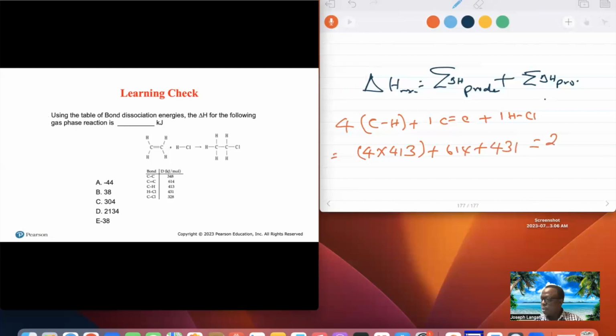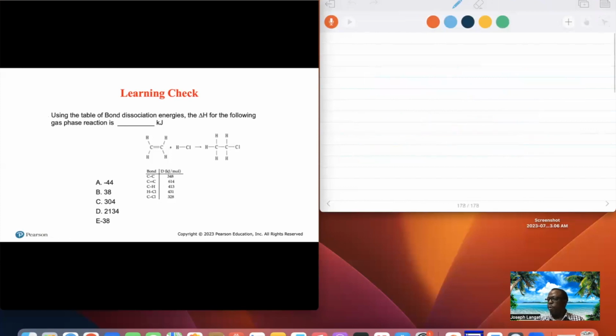This is 2,697 kilojoules. This is the reactant. I mean, the reagent side; now for the products.